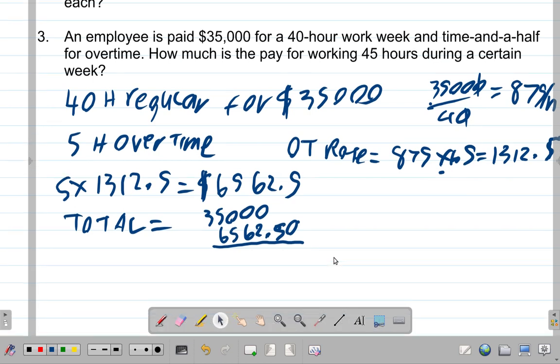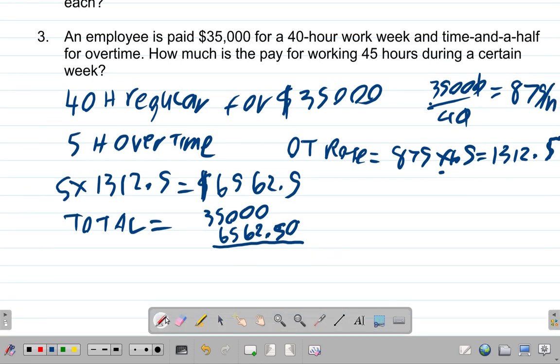All right, so let's put a 0.00 up here since you have 0.50 down here. 6 and 5 is 11. Carry 1, 3 and 1 is 4. The person is going to be paid $41,562.50 total for that week, right? So that's it for that.